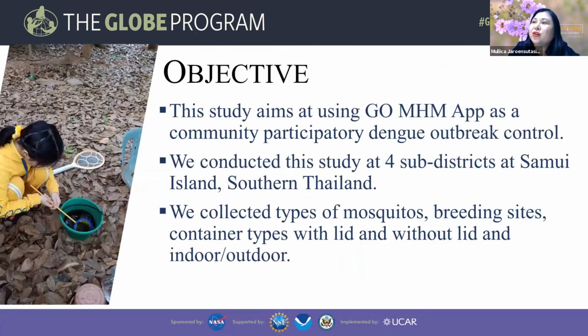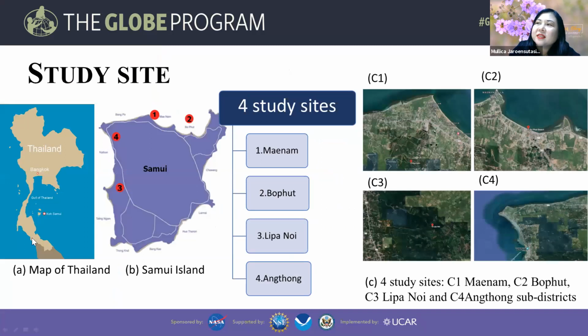I'm going to show you that we conducted the work at 4 sub-districts in one of the islands in the southern part of Thailand. We collected mosquito species, breeding sites, container type, lit or without lit, indoor, outdoor. This is Thailand, and this is the location of an island right here.